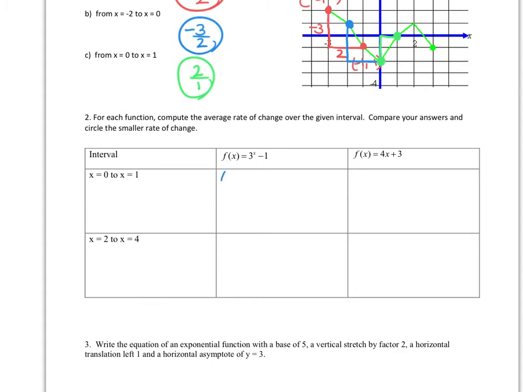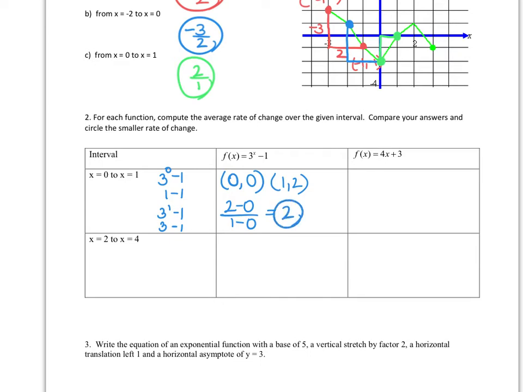When I plug in 0 to 3 to the x minus 1, my output is 0. And when I plug in 1, my output is 2. So when I do slope, 2 minus 0 over 1 minus 0, my average rate of change there is 2.